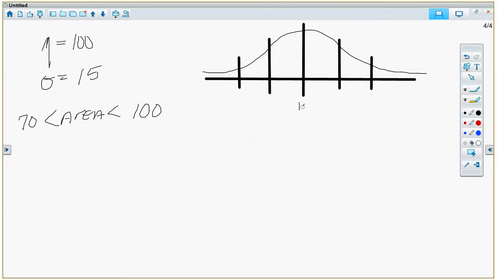All right, 100, 115, 130, 85, and 70. Now you could do it with the empirical rule and say that, well, that's 50 right here. 50 minus 2.5 is going to be like 47.5.